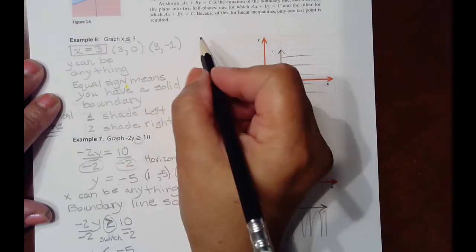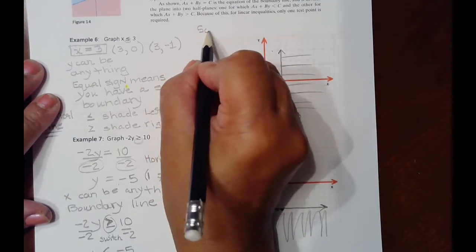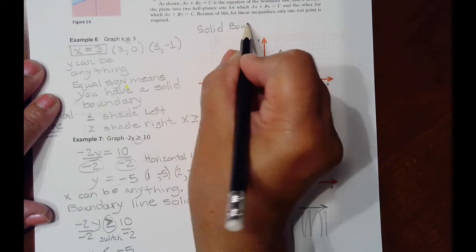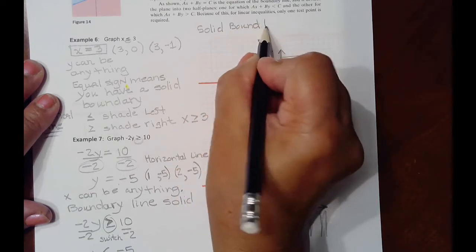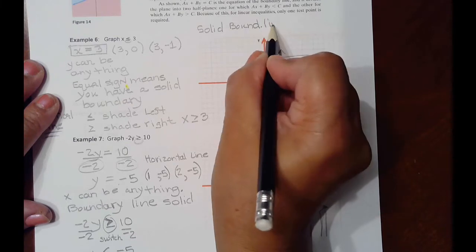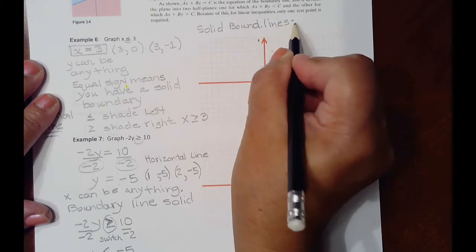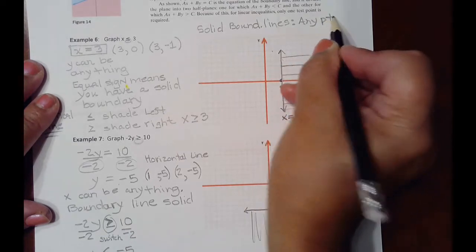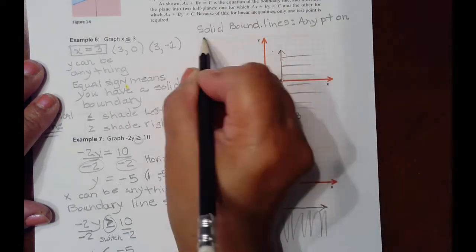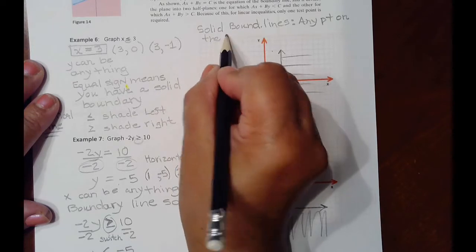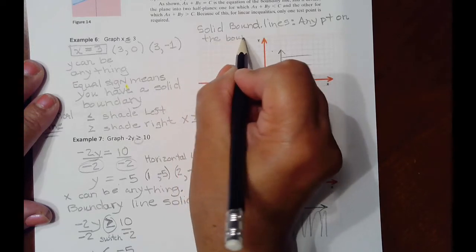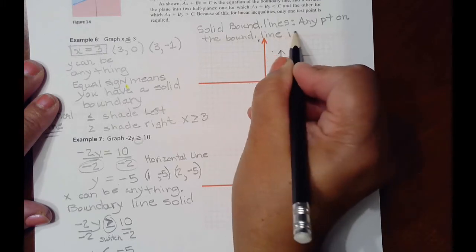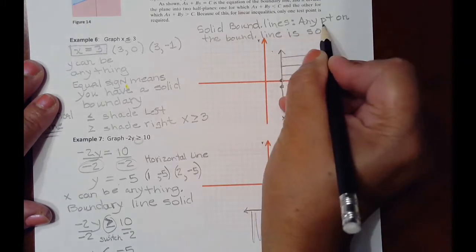Okay, so possibly you want to put this for solid boundary lines. Any point on the boundary line is considered a solution.